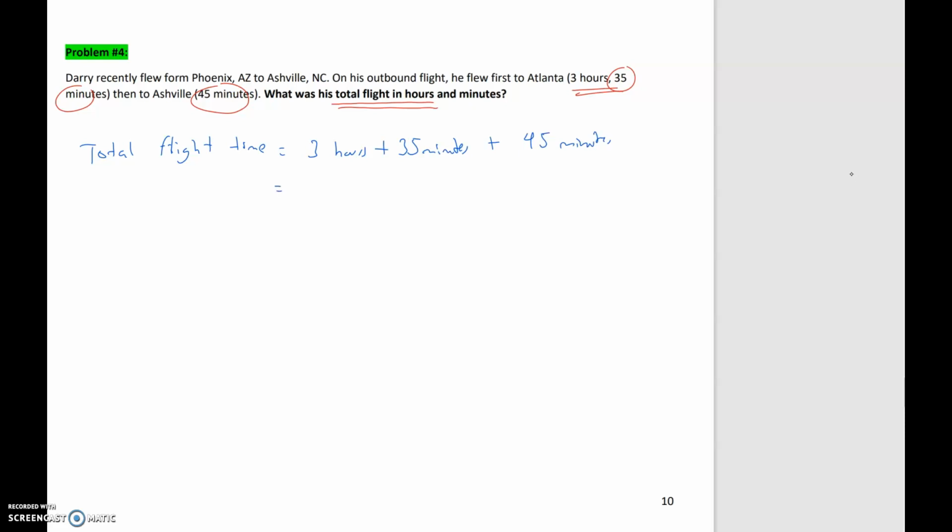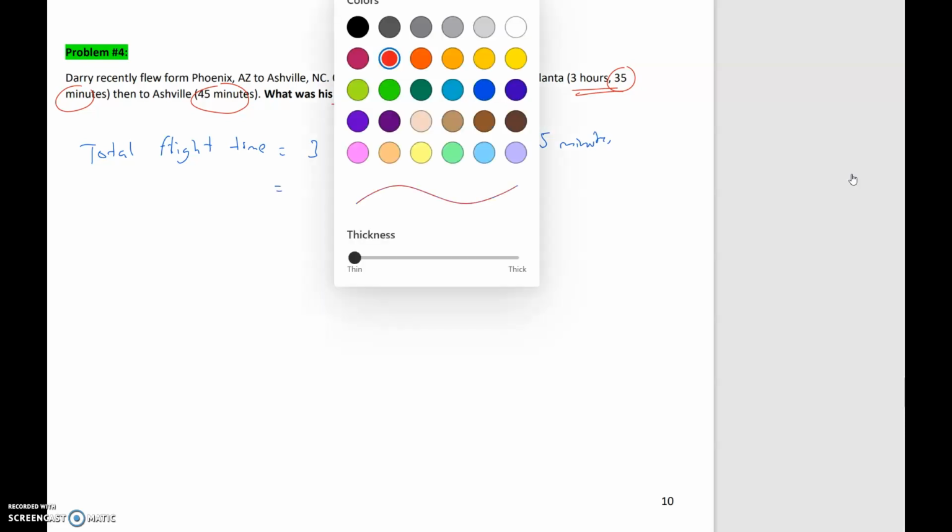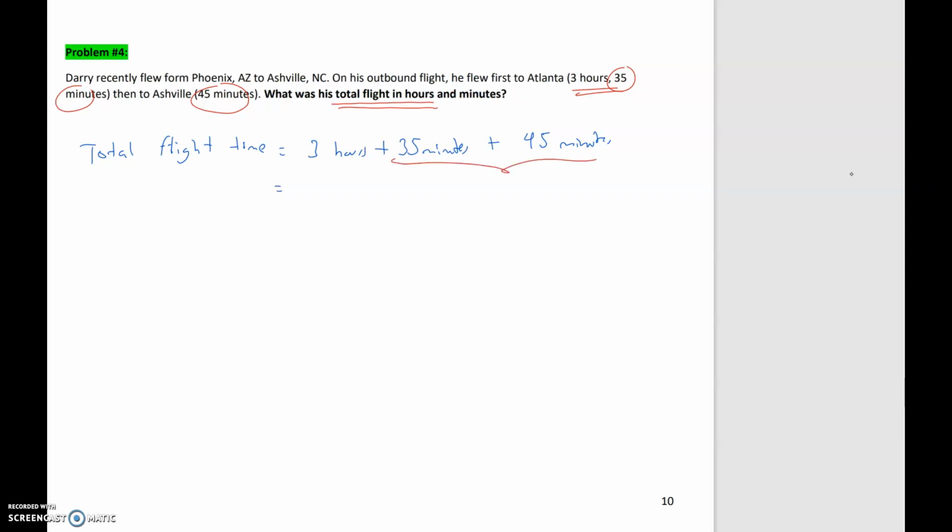And what I'm going to do is combine the minutes so it'll be easier to keep track. And then we'll be able to extract hours since those 2 measurements are going to be above the 60 minutes. So this will be 3 hours plus, well, that would be 70. No, that is a 0 and you carry 1, and that's 7 and 1 is going to be 80. So 80 minutes.